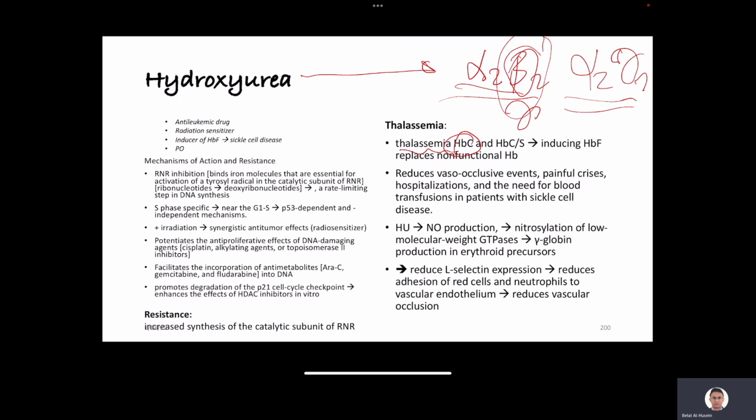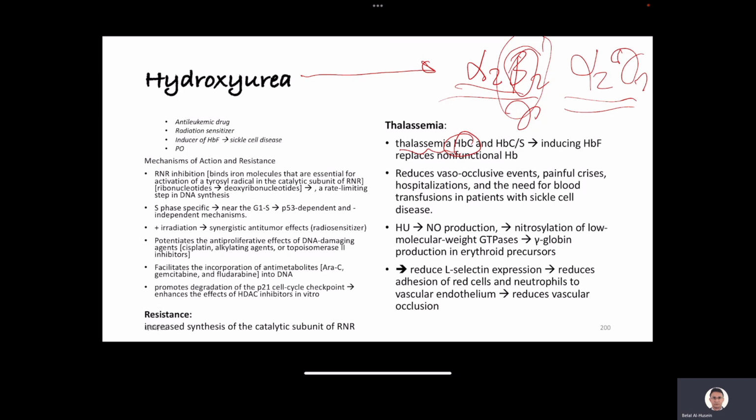Many mechanisms have been reported for hydroxyurea as an anti-cancer agent. One of them is the reduction of ribonucleotide reductase, mutation of which would lead to development of resistance. Now, in thalassemia and in fact sickle cell anemia, when the adult hemoglobin is abnormal, it tends to precipitate, especially if the patient is exposed to more cyanotic episodes, like exercise or workouts.